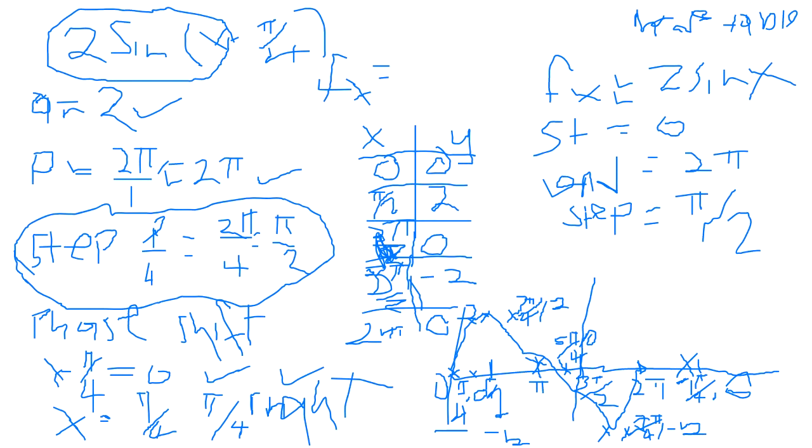That is why my focus here is to let you know how to get the points correctly. After that, we can just draw our graph like this, and we can see that it has shifted to the right by pi over 4.